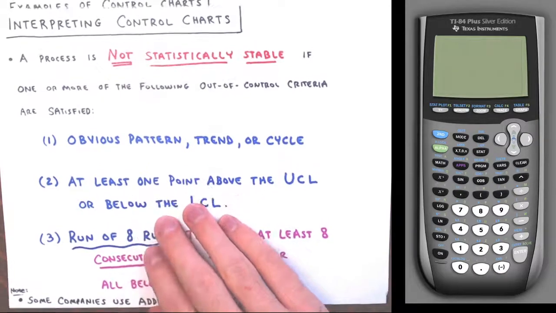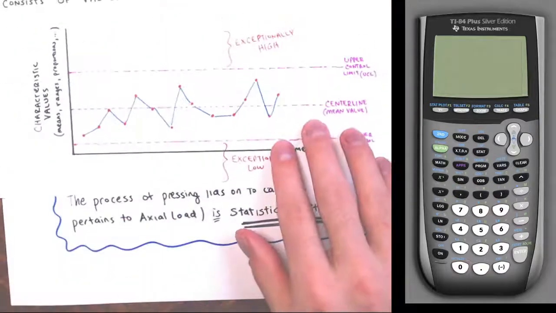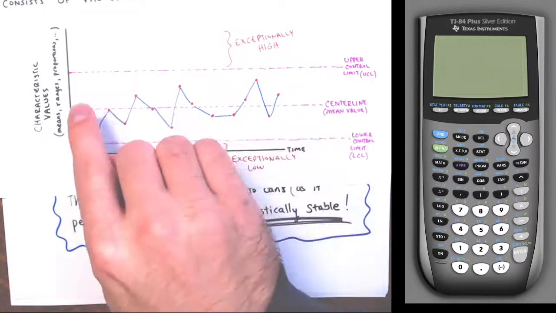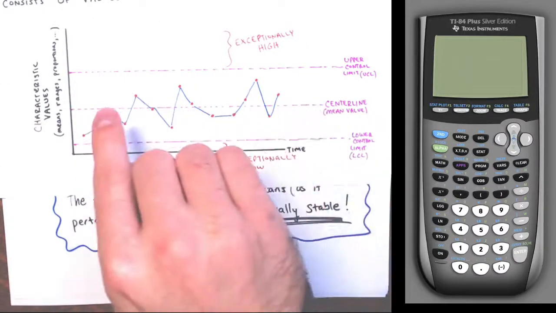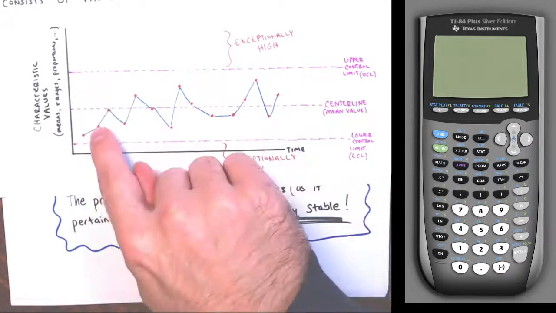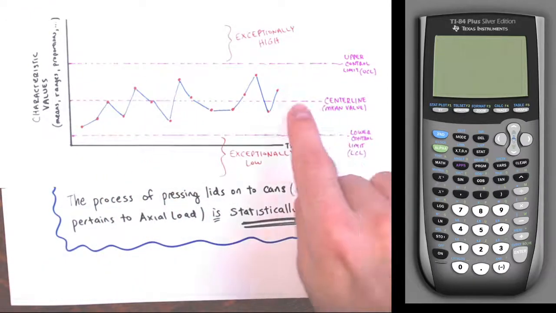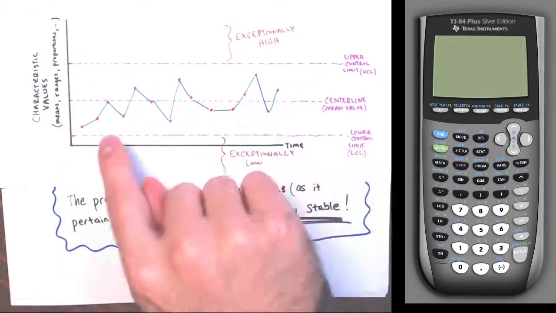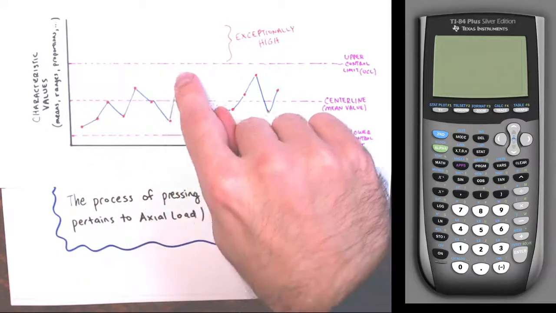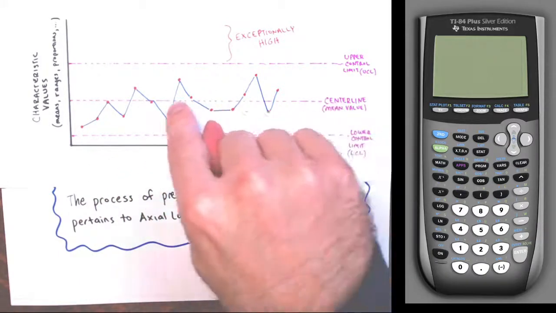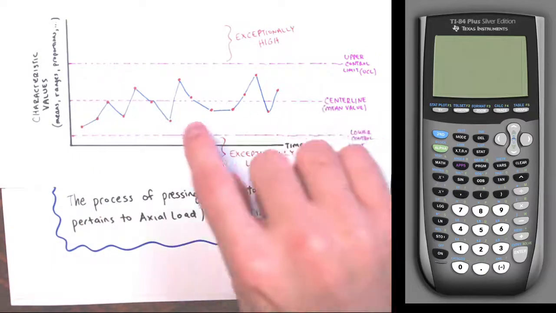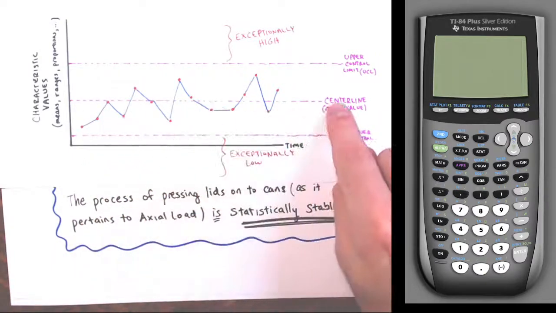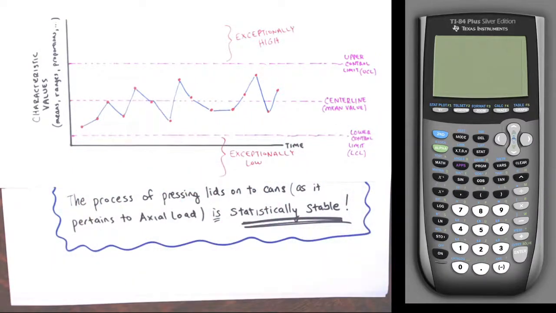Remember, the center line was this line at the average value, the mean value of all the data. So if these were all ranges, this would be the mean of all the ranges. If these were all x bars, all sample means, this would be the mean of the means. And if these were all proportions, this center line would be the mean of the proportions.